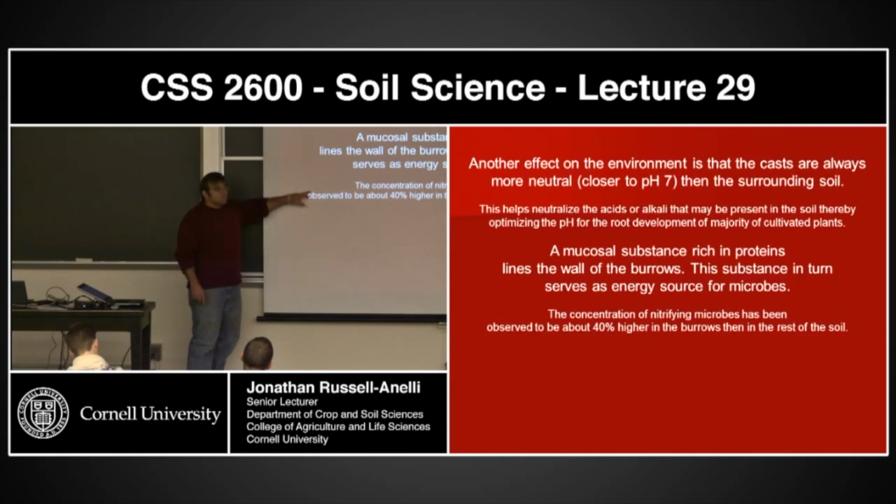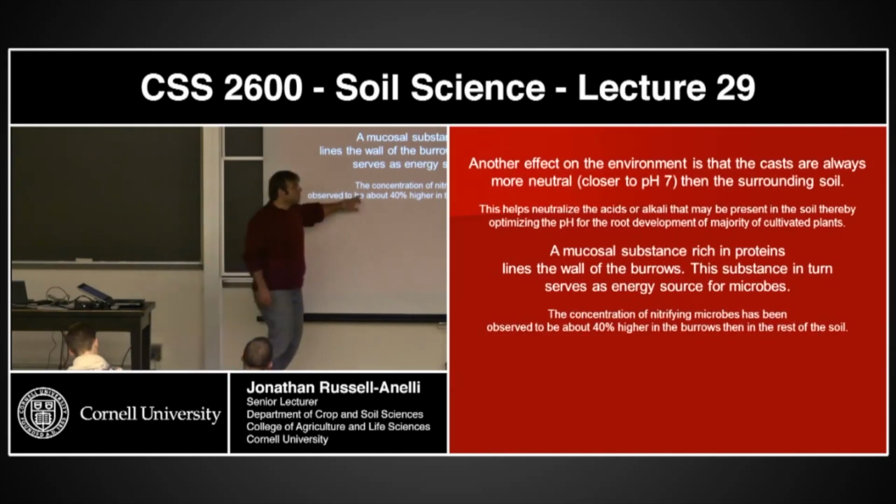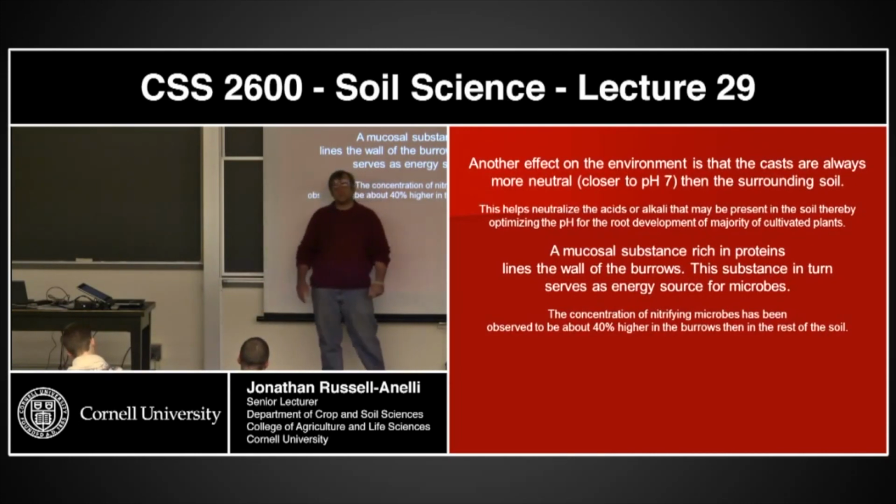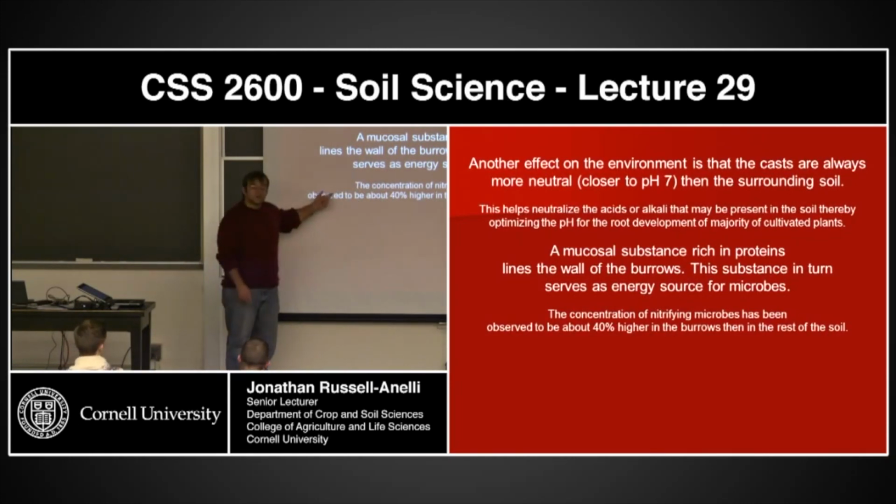The concentration of nitrifying microbes has been observed to be about 40% higher in the burrows than in the rest of the soil. Now, if you think about it from a rooting sense, these burrows are nice large pores with lots of nutrients. This is also going to serve as a nice highway for roots to start expanding through.